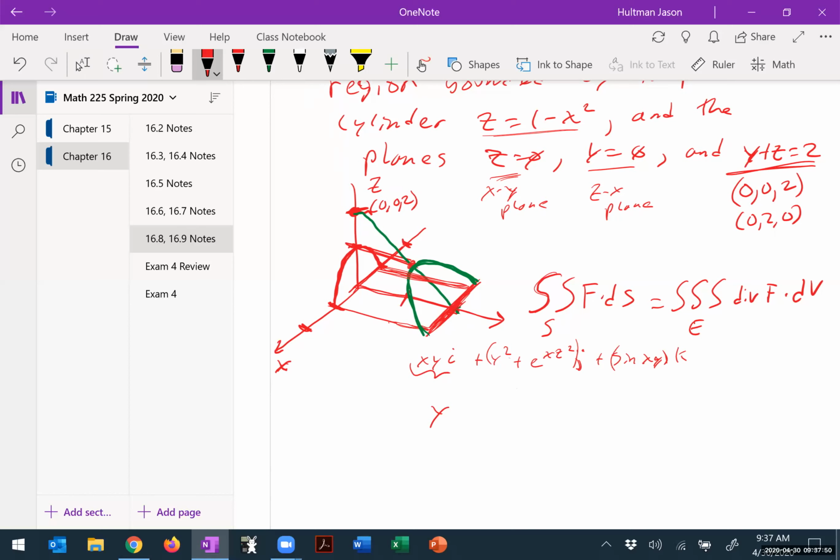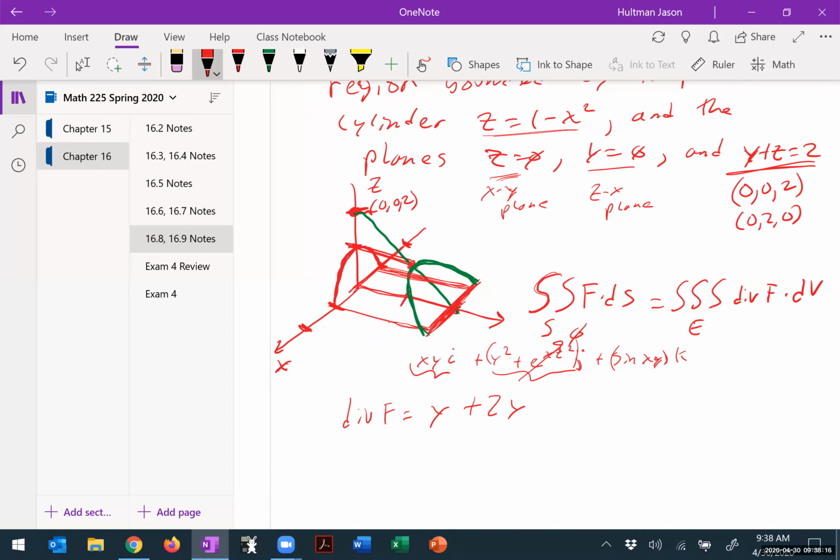What's the partial with respect to y of this thing? Well, e to the x z squared doesn't contain a y, so that goes to 0, and y squared becomes 2y. What about sine of xy?